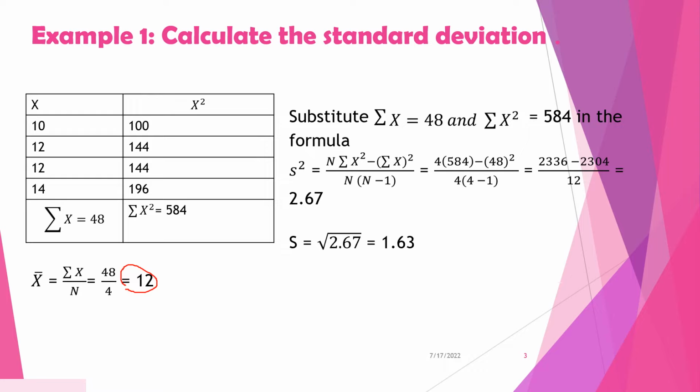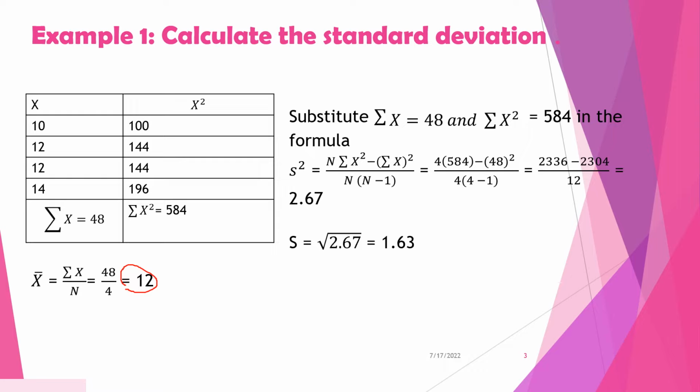Now, to get the sum of x squared, we just add them all, so that's 584. And then substitute the sum of x, which is 48, and the sum of x squared, which is 584, in the formula. So we have n times the sum of x squared minus the sum of x, squared.